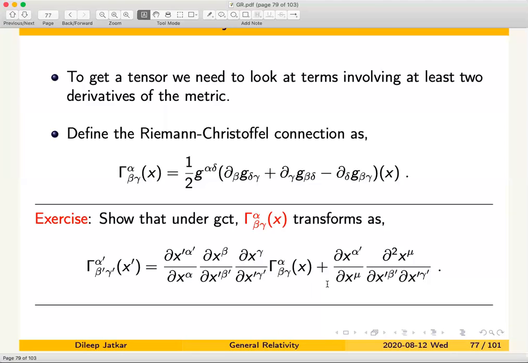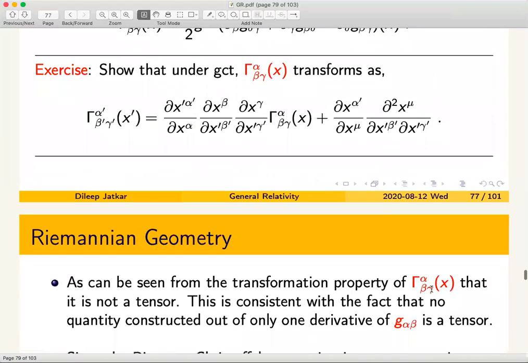Of course, they may be the same if two g alpha betas are related by a general coordinate transformation. But to give an invariant definition of a connection, it is better to use the metric than to use general coordinate transformations. So you can check that this is the definition written in terms of geometry, which transforms exactly the way the earlier gamma alpha beta was defined in the class. This is the transformation property. Fine.